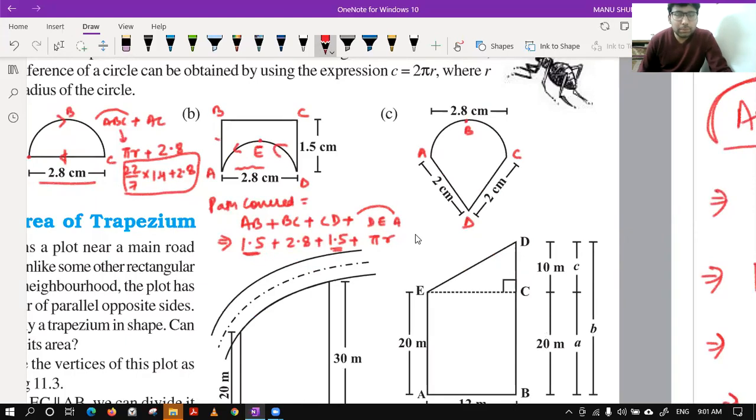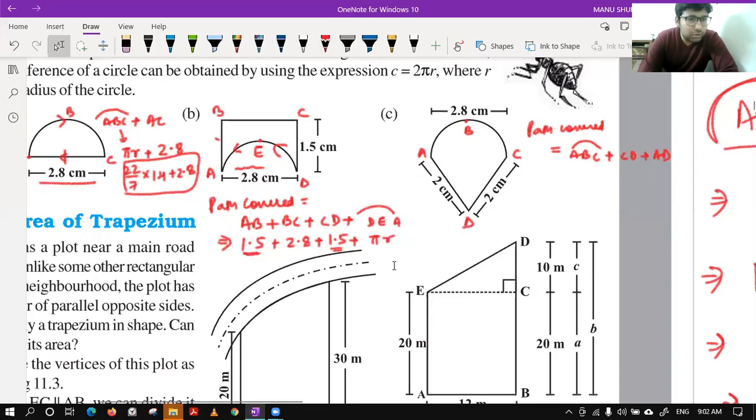You will write the path covered is equal to arc ABC plus CD plus AD. So this way you can find the length covered by the ant to eat the food, and you can easily compare in which path the maximum length is covered.